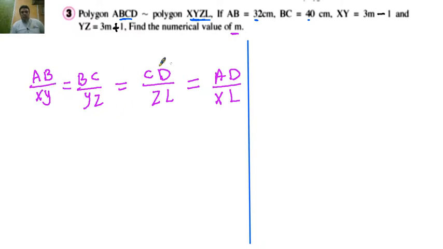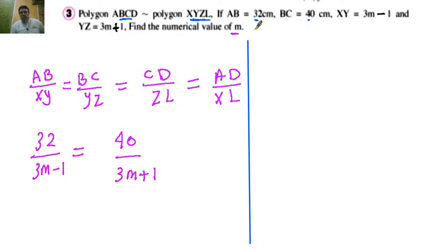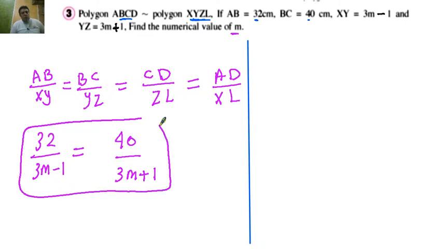By substitution, AB equals 32 over XY, 3M minus 1, equals BC, 40, over YZ, 3M plus 1. We don't have CD and ZL, so we can solve this proportion by cross multiplication.